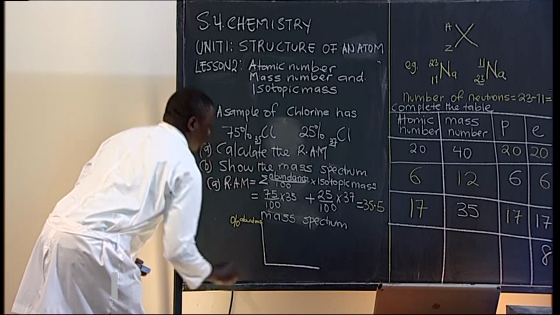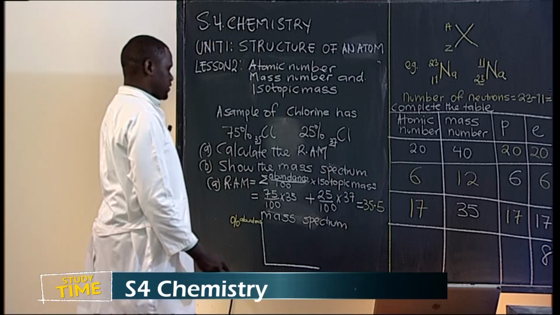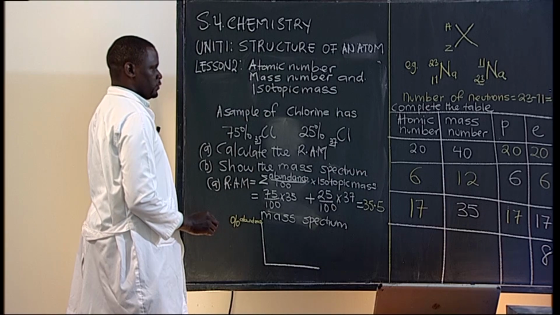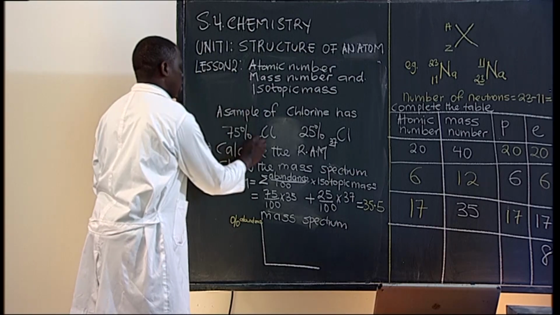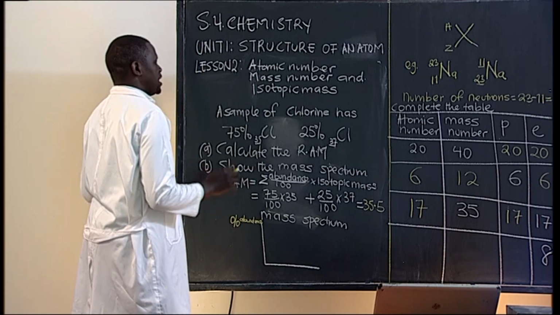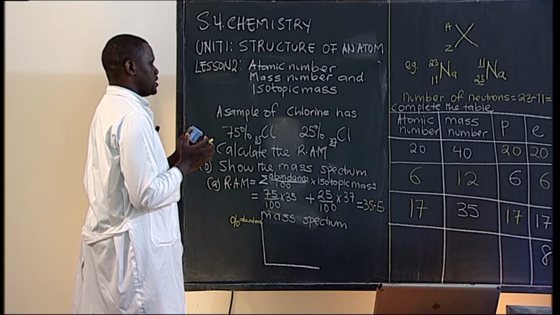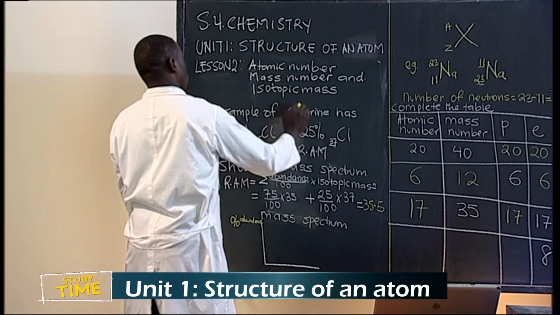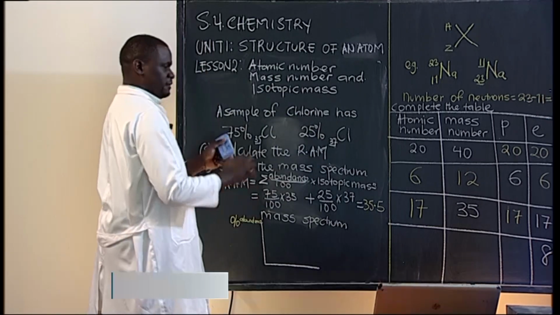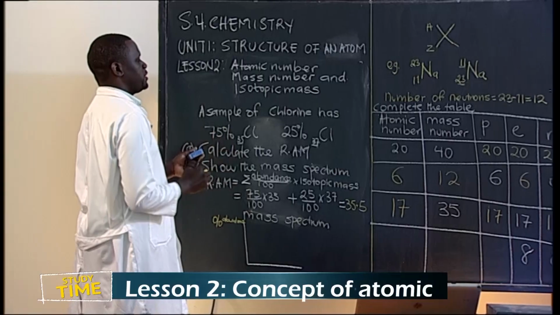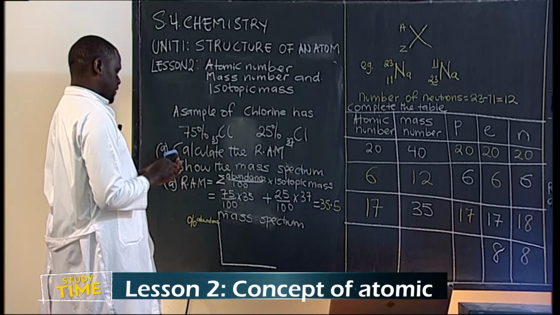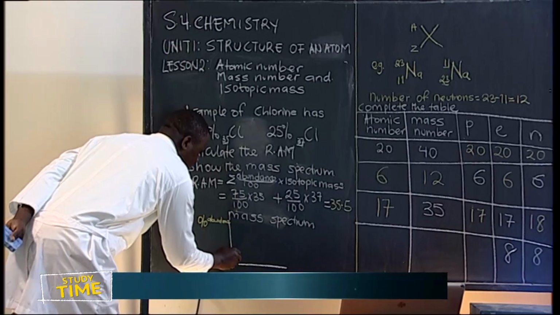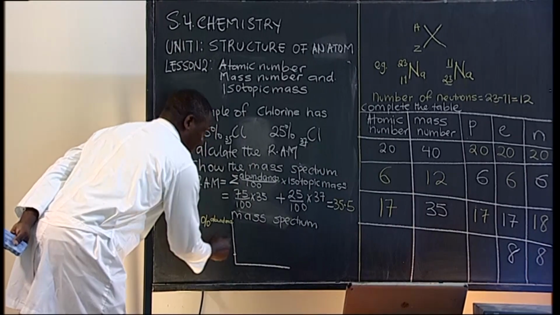As you said, the definition of percentage abundance is the amount of each isotope. So the amount of chlorine 35 in a sample of chlorine will be 75%. And the amount of chlorine 37 in a given sample of chlorine this time is 25%.